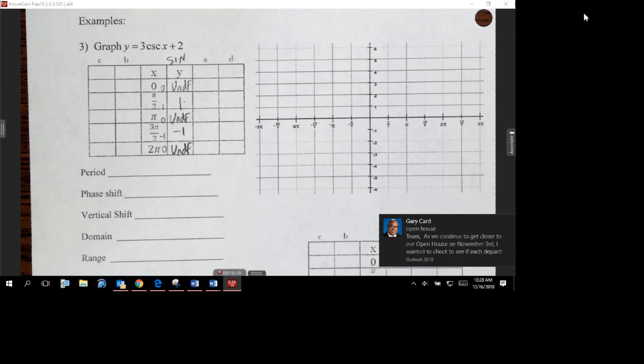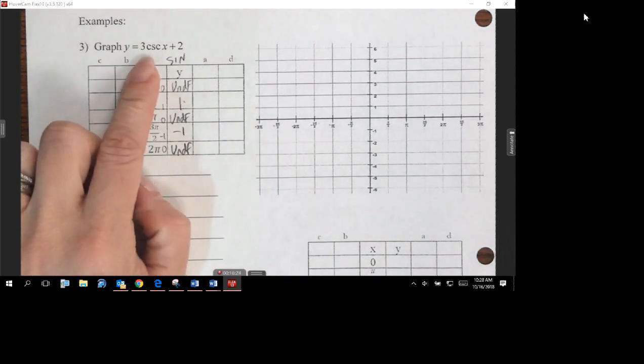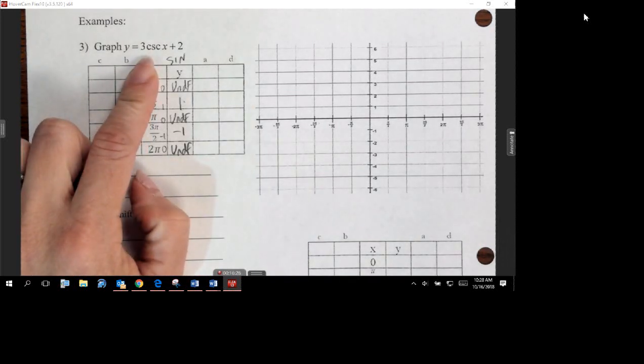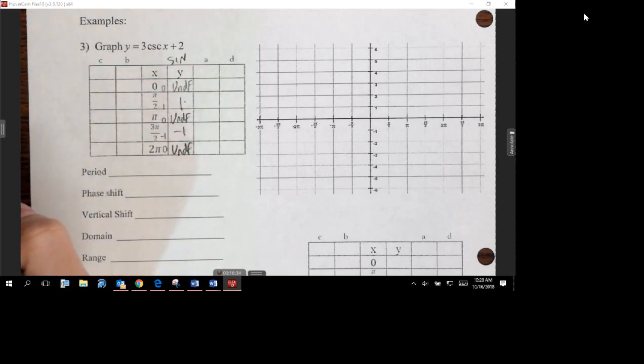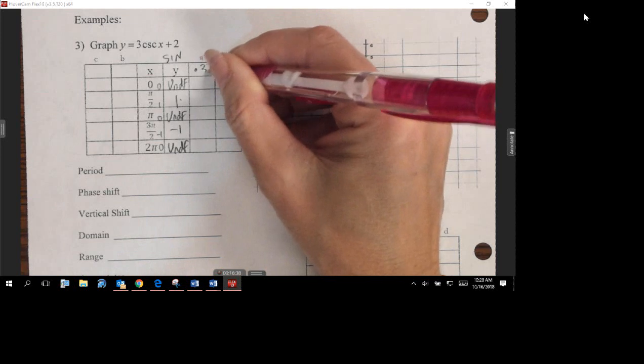All right, then we have a 3 in front. And Rachel, do you know what that 3 means? Yeah, vertical stretch by a factor of 3. So is that going to go on my x's or my y's? Yeah, because it's vertical, it's going to go on the y's.